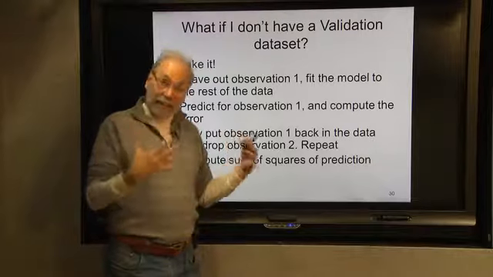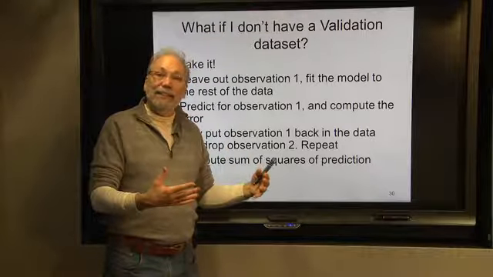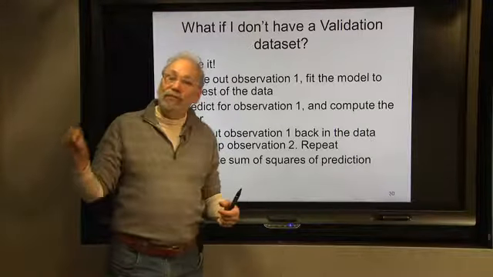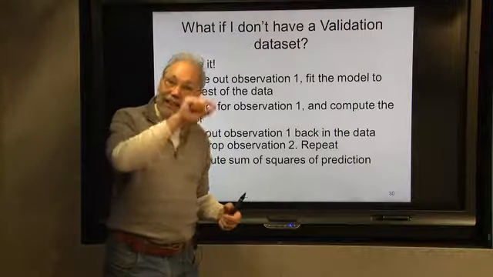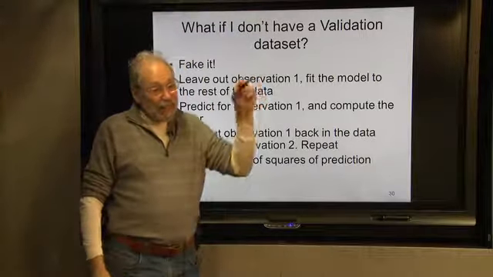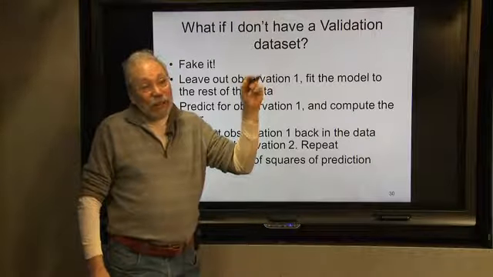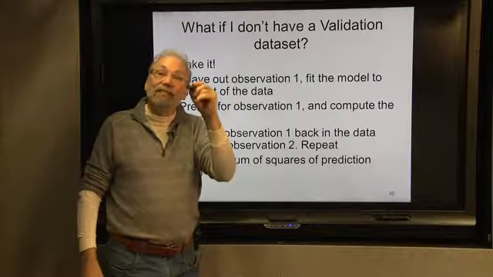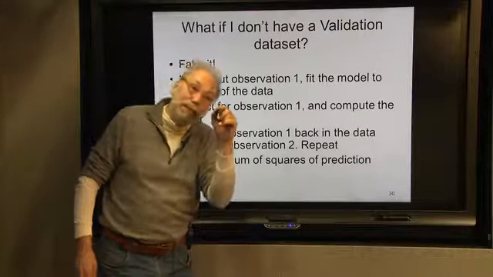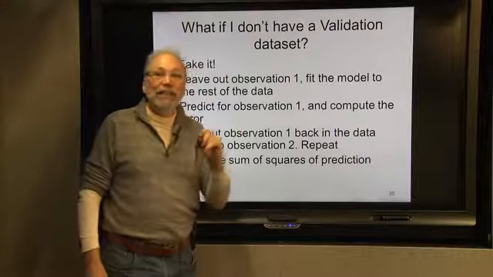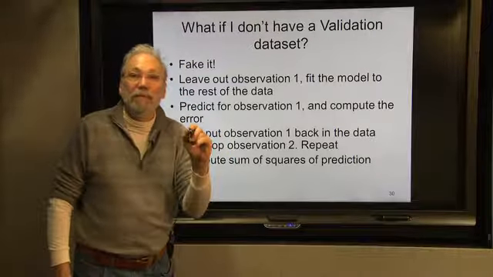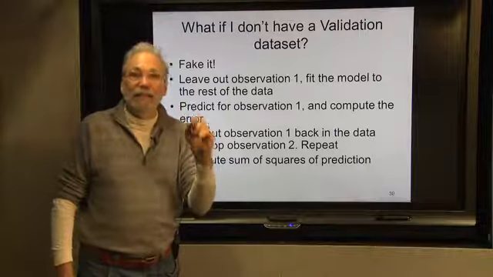That's how bad my prediction is for that choice of lambda. Do that for a range of lambdas, and I can see that its prediction error is going down if I move lambda in one direction until it turns around and starts going back up. And so that bottom point where the predicted squared error is minimum, that's the lambda to choose.